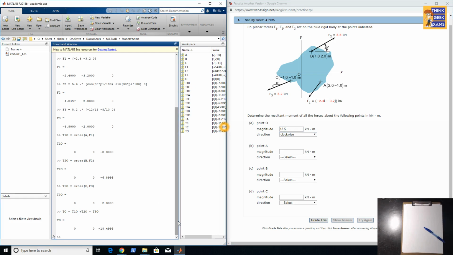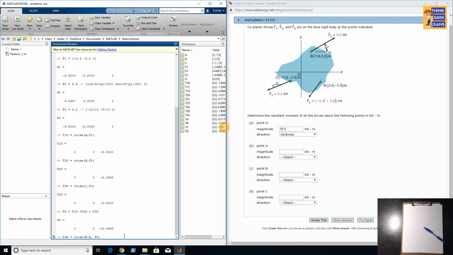The next one is going to be around the point A, so we don't need to worry about F1 for point A because it goes through A. So we need to worry about F2 and F3. So let's start with F2. T2A is going to be cross between the distance B minus A and the force F2.